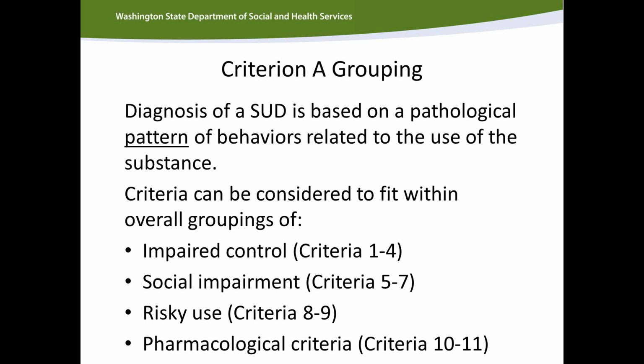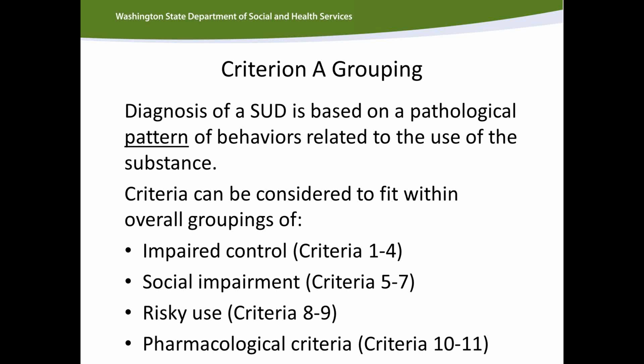The risky use would be criteria 8 and 9. That is, recurrent use in situations in which it's physically hazardous, such as driving while intoxicated, probably the best example of that. And then alcohol use is continued despite knowledge of having a persistent or recurrent physical or psychological problem that's likely to have been caused or exacerbated by alcohol.